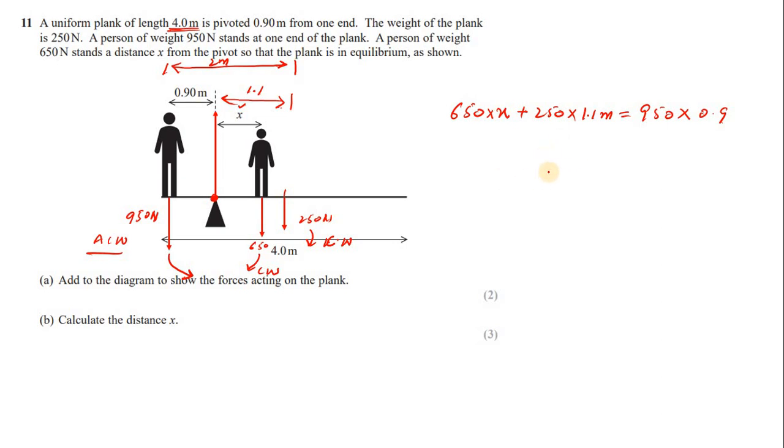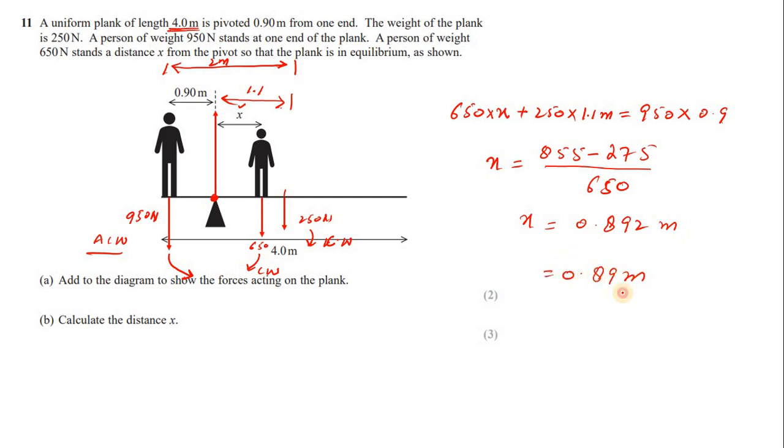So you can find x is equal to 855 minus 275, divided by 650, and then x would be equal to 0.892 meter, or you can round it off to 0.89 meter. This is the distance where the second person should stand in order to balance the plank.